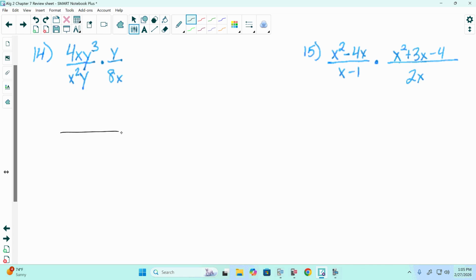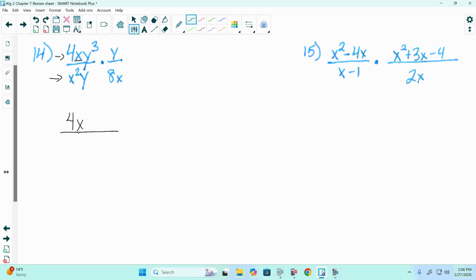When we have these monomial expressions where we don't have any addition or subtraction on top and bottom, there's no factoring we have to do. It might be nice to just go on and multiply the numerators with the numerators, denominators with denominators. On top, the only number we're going to multiply with 4 is just 4. I'm going to look at x next.